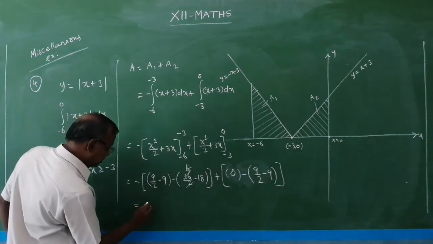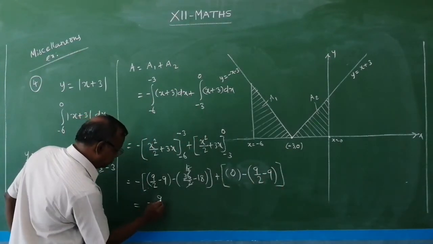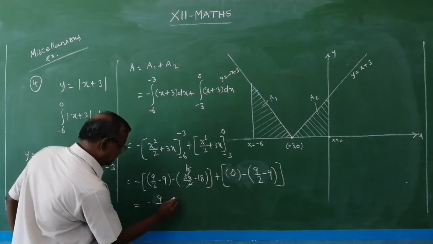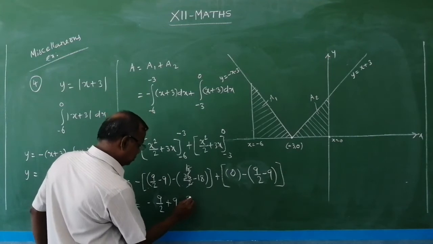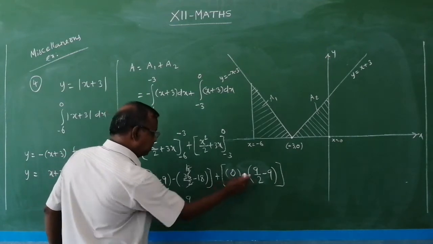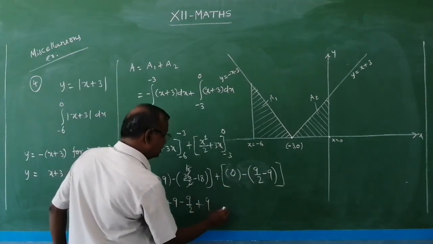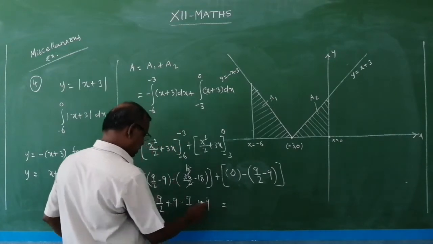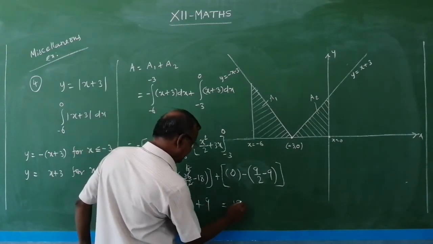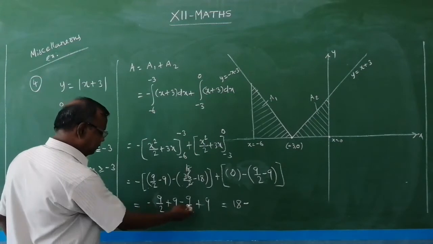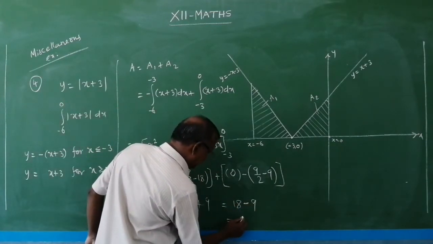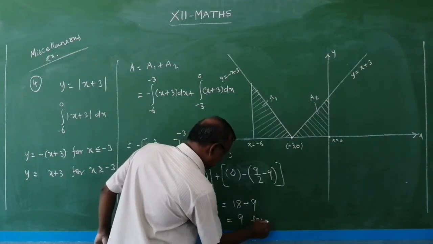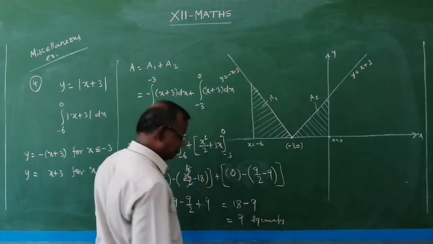So this is minus 9 by 2, minus into minus plus 9, and again minus 9 by 2 plus 9. So this is equal to 9 plus 9, 18, minus 9 by 2 minus 9, which is equal to 18 minus 9 square units. So this is the answer.